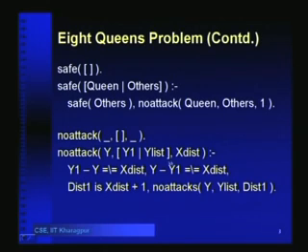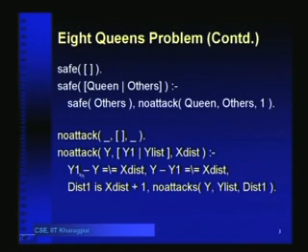If it is at a distance of x dist, then we had seen just now that diagonally, that coordinate, the y coordinate, will be y plus x dist or y minus x dist. So this y1, the queen in the y1th row, should not be equal to y plus x dist and should not be equal to y minus x dist.